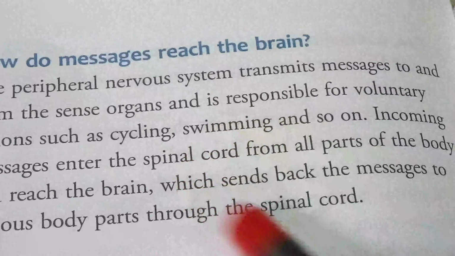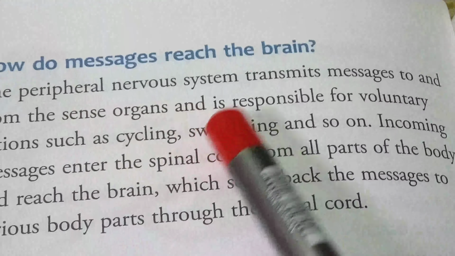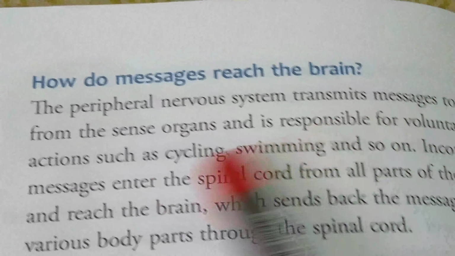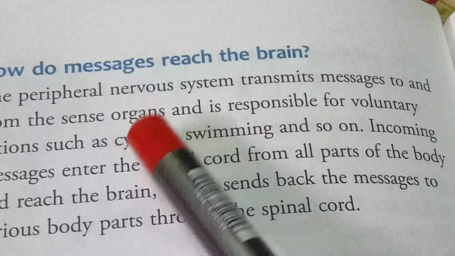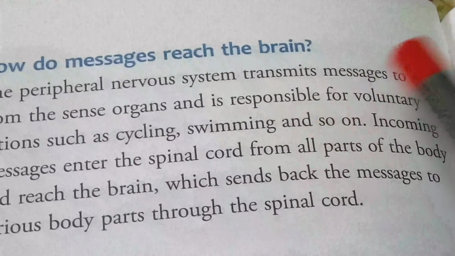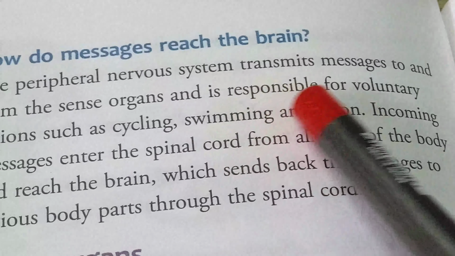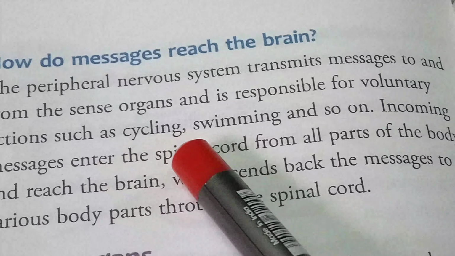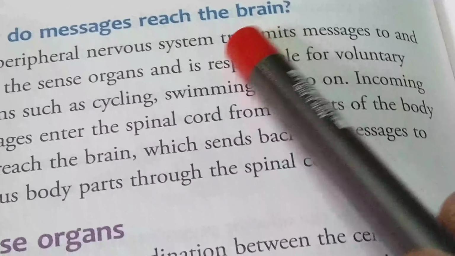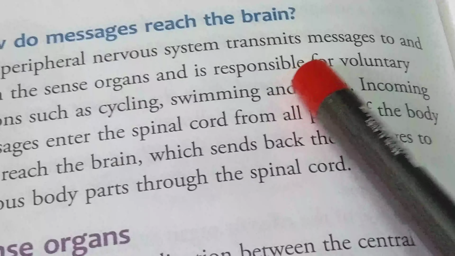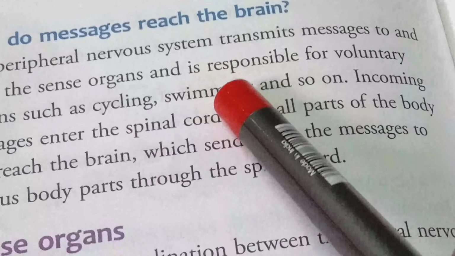So what is the incident? At first, the peripheral nervous system transmits messages to and from the sense organs, and it is responsible for voluntary actions such as cycling, swimming, and so on.